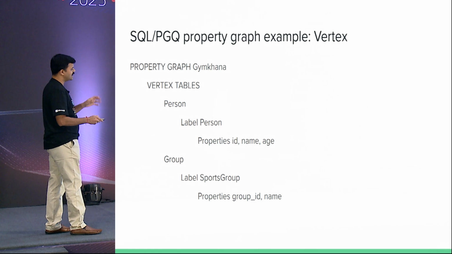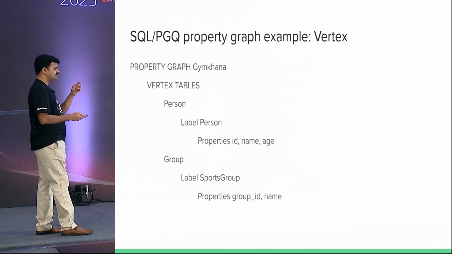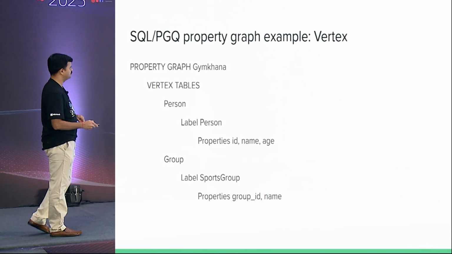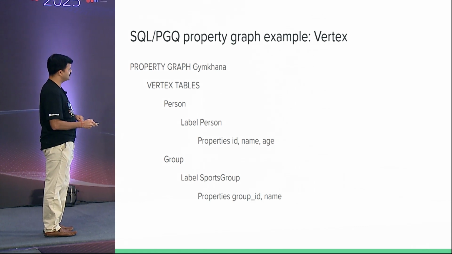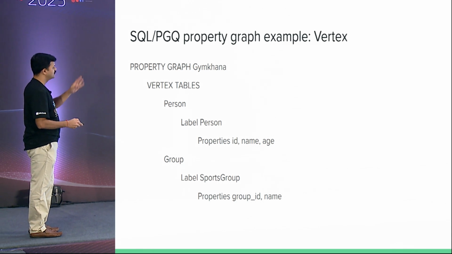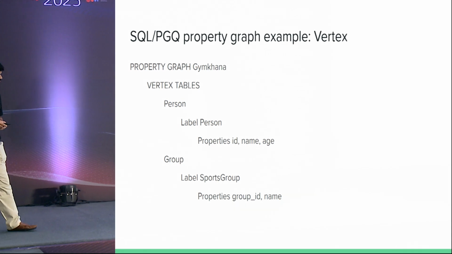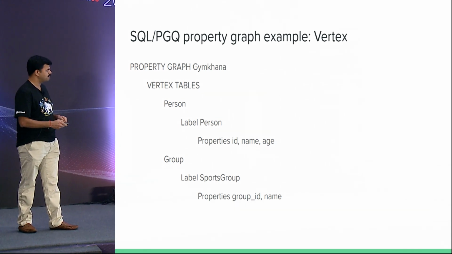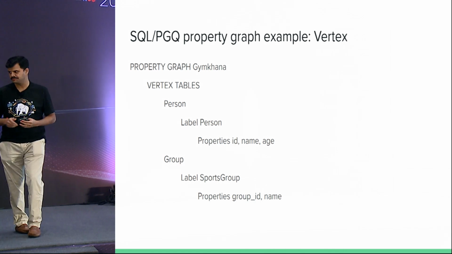You can use as clause to project a column of a different name to a property of a different name. But in this case, let's keep it simple, and it exposes the column group ID and name as basically the same columns as properties of label sports group.